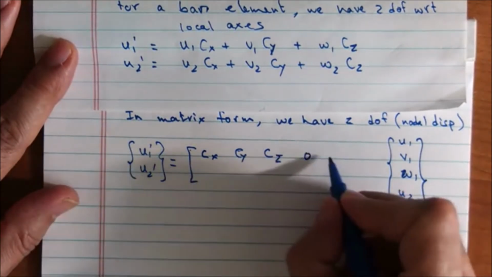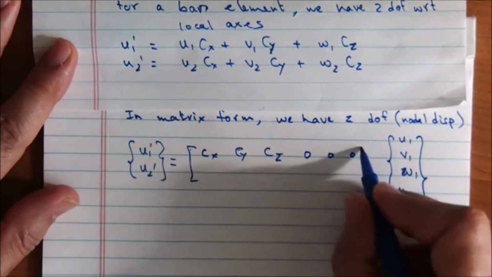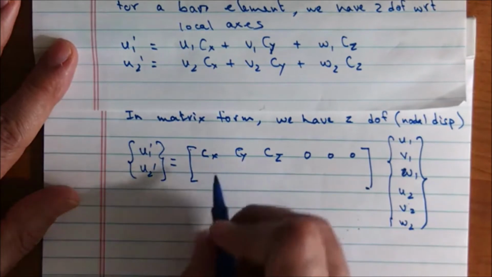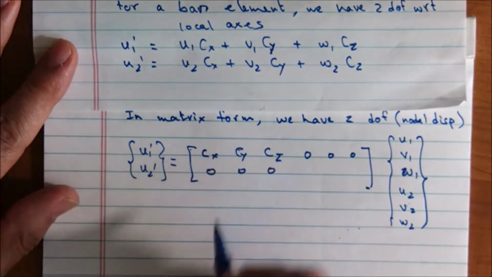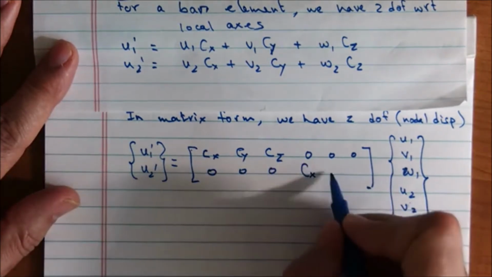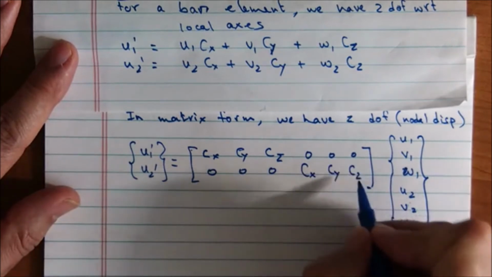So I'm going to have 0, 0, and 0. And then here I have 0, 0, 0. And then I have cx, cy, and cz.